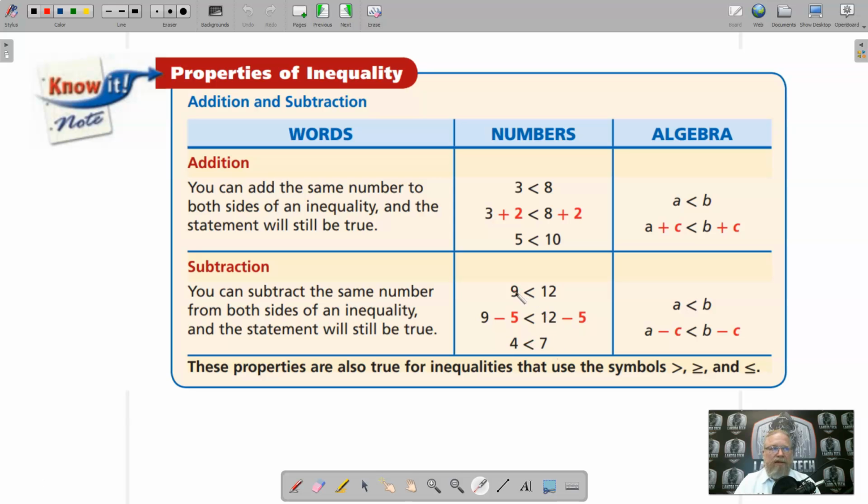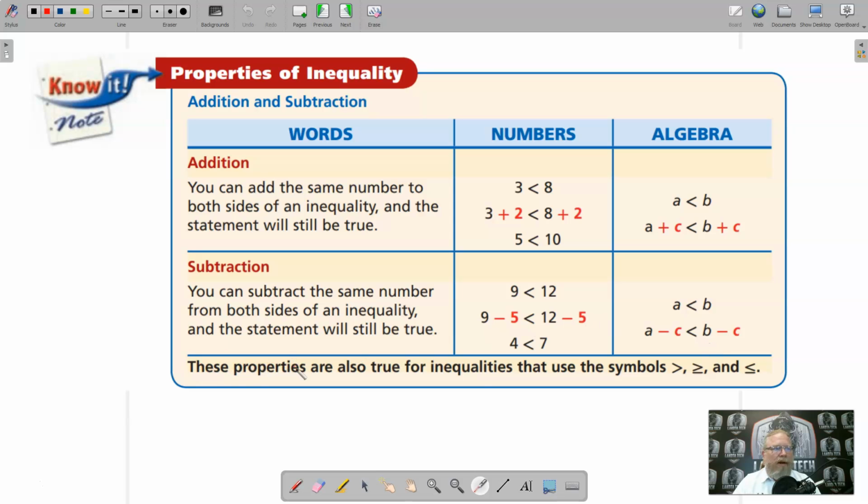So we start with a true statement of 9 is less than 12, subtract 5 from both sides, and we still have a true statement that 4 is indeed less than 7. In algebra, we would say that if A is less than B, and we subtract the value of C from both sides, then A minus C would still be less than B minus C.